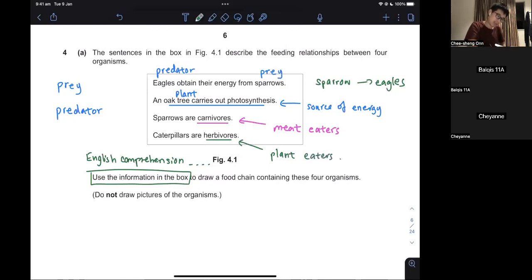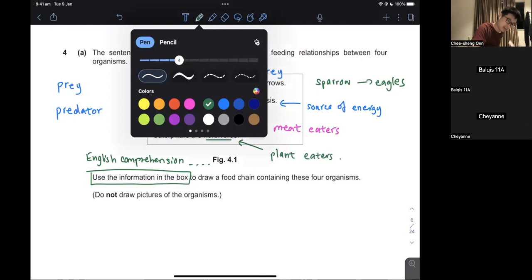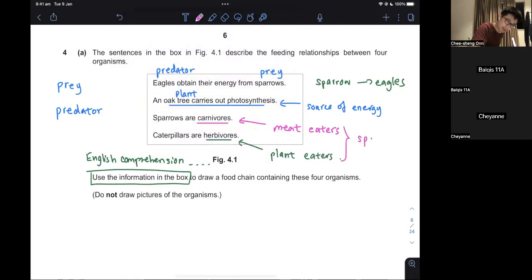Okay, so it looks like sparrow are carnivore, caterpillars are herbivore. So which one is going to be eaten by which? Sparrow versus caterpillar. What do you think, Cheyenne? Sparrow will eat caterpillars. All right, so sparrow eat caterpillar.